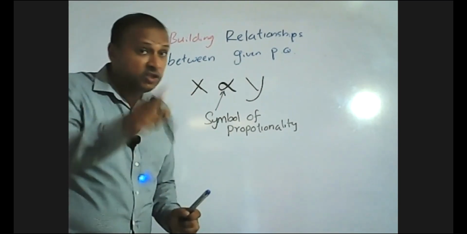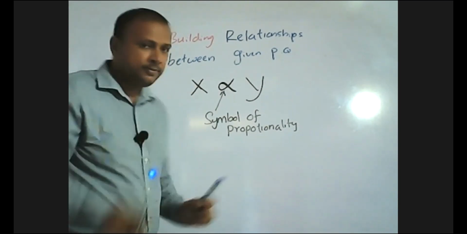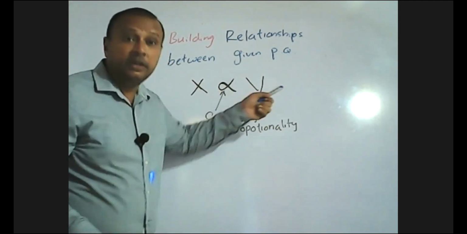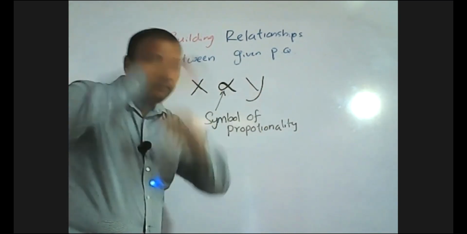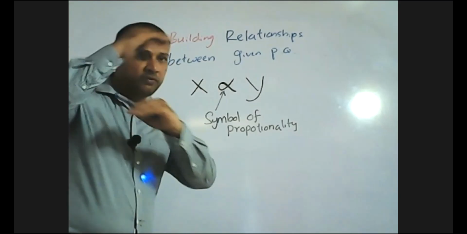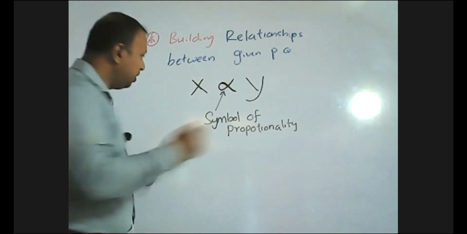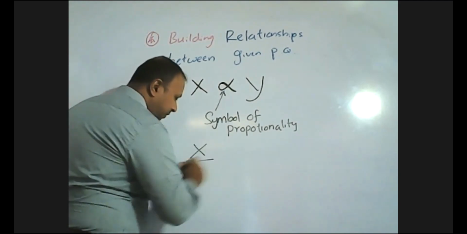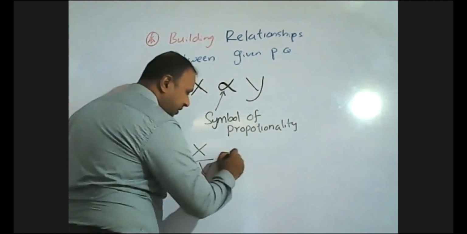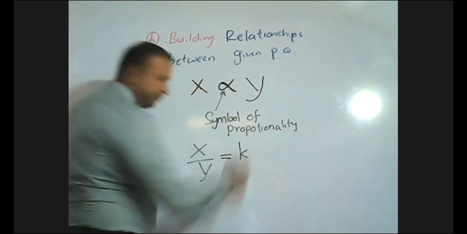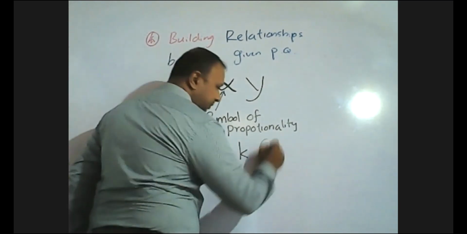What is the definition? If these two are directly proportional, the ratio between x and y should be a constant.